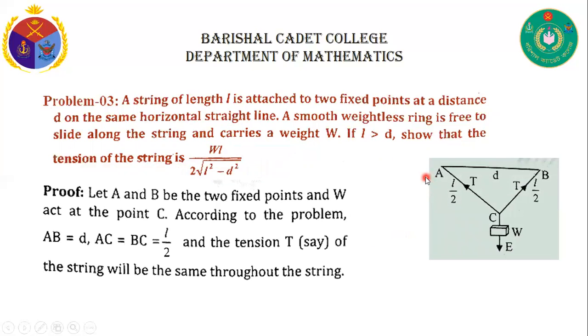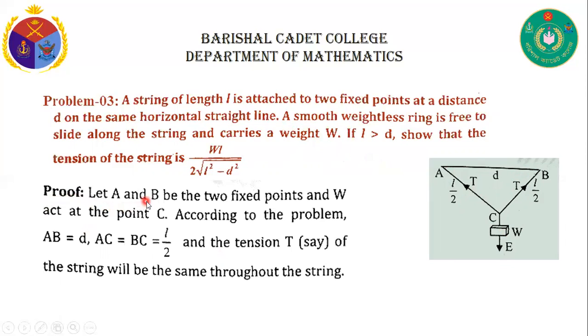Now here are the fixed points A and B, and the distance between them is d. Boys, listen carefully: for a smooth weightless ring, there will be the same tension T on both sides, and the weight acts downward, making 90 degrees with the horizontal.